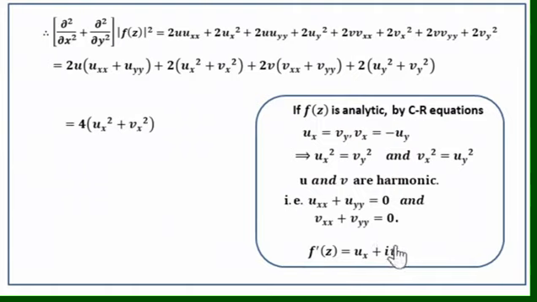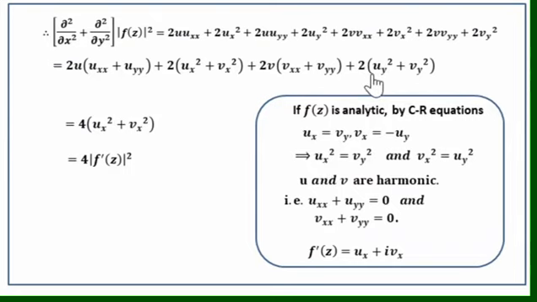We need to express in terms of the partial derivative with respect to x only. From this, uy is minus vx. So what is uy square? Minus vx the whole square, so uy square is vx square. Similarly, vy square is ux square.